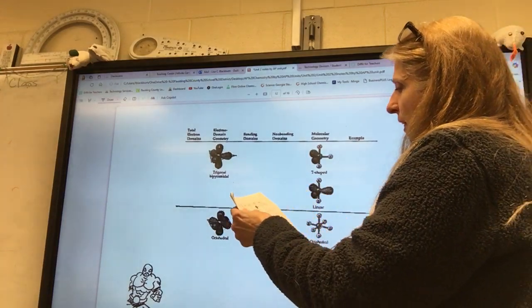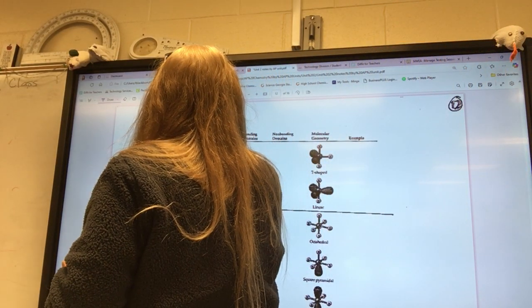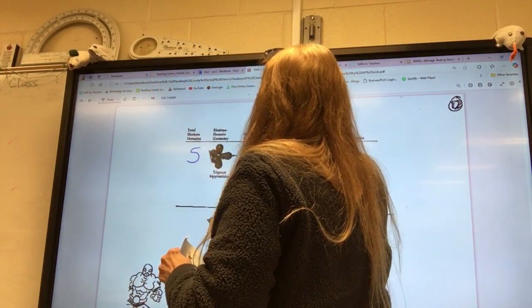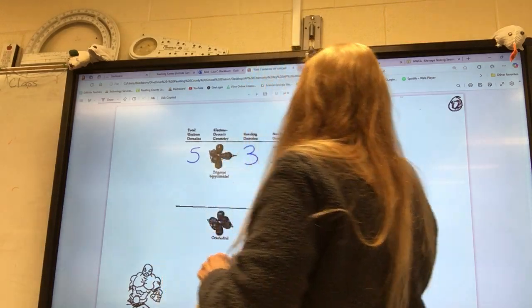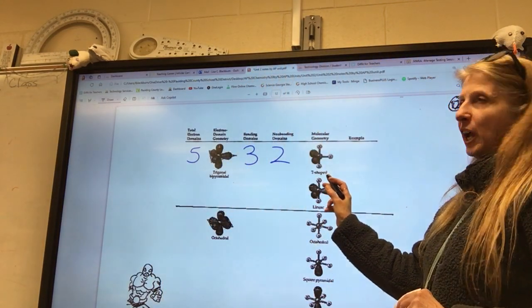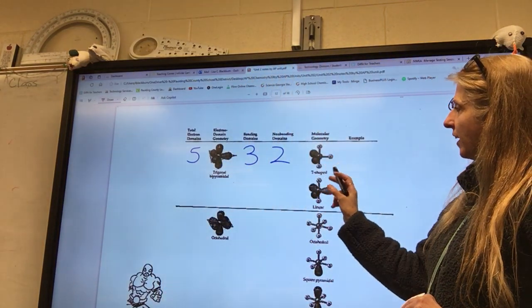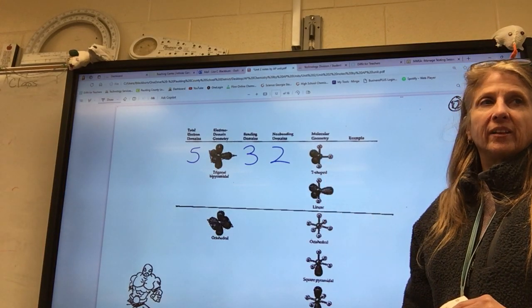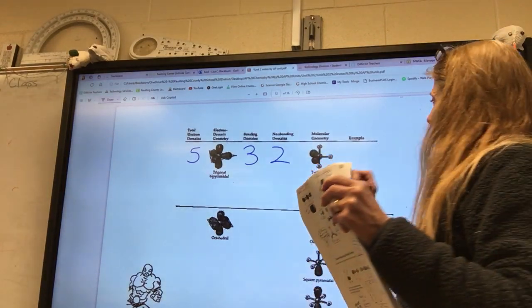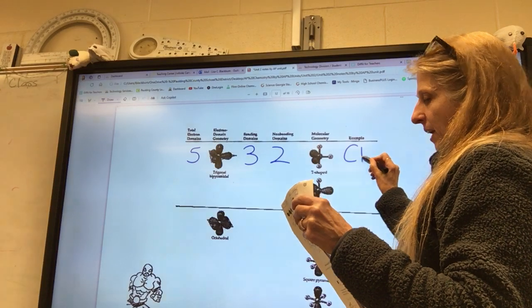Okay, so now if we have 5 domains, 3 of them make bonds and 2 don't, then you get T-shaped. So it looks like the letter T. Can everybody see that in the picture? Does the picture make sense to you? Our example is ClF3.